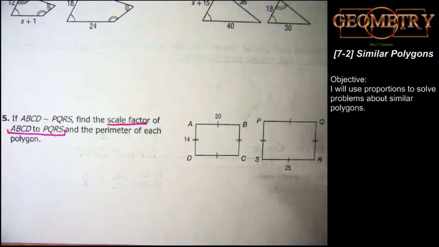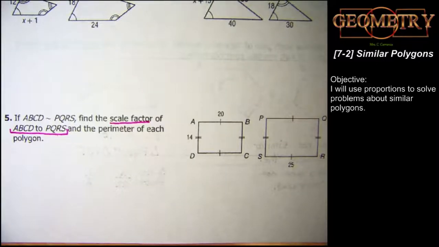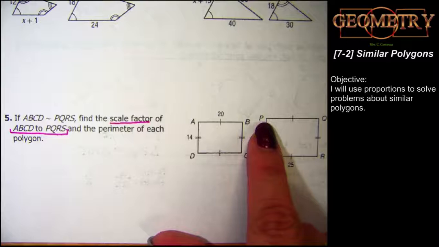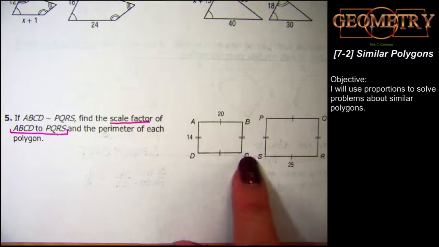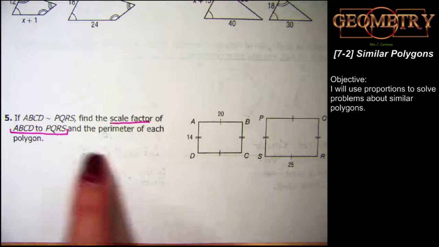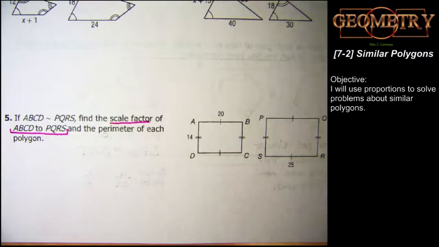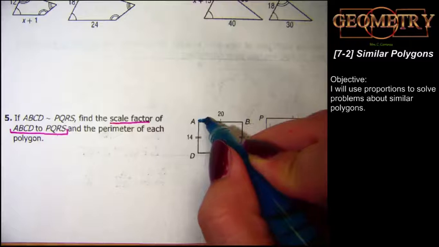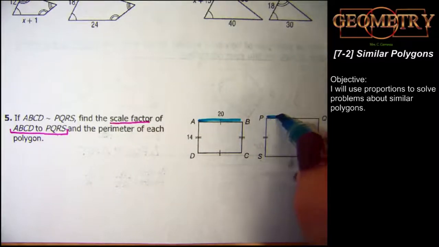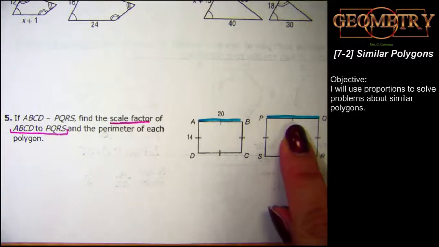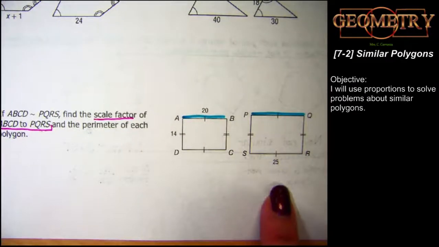And then they want me to find the perimeter. Alright, so I'm going to take a look at this. The A matches with the P, B with Q, C with R, D with S, because that's the order the names are in. Alright, so that means that this side corresponds to this side. I don't have a measurement here. But what do I know about the shape PQRS?